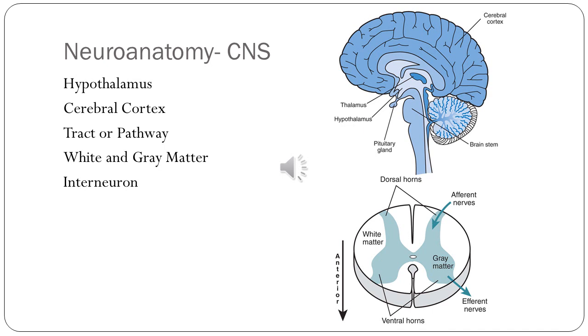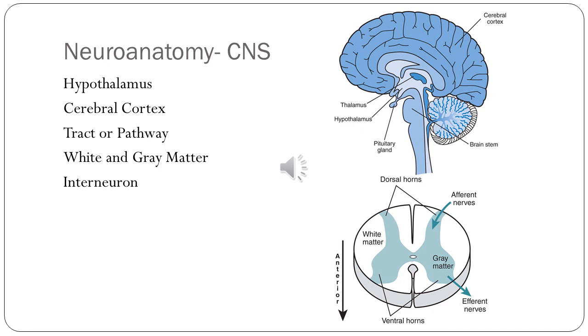Then interacting with the brain and the spinal cord, you have your tracts or your pathways. And what they basically are is that your tracts and pathways are bundles of nerves in the central nervous system. And you have two different types. You have descending tracts and you have ascending tracts. Descending tracts transmit information from the brain down the spinal cord.